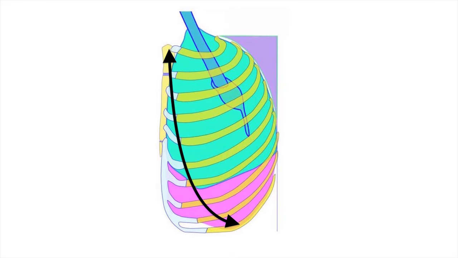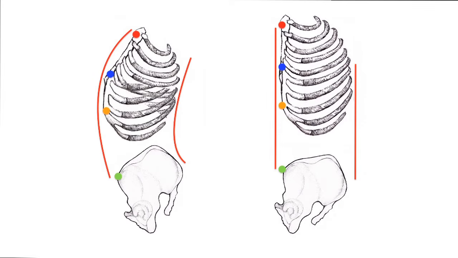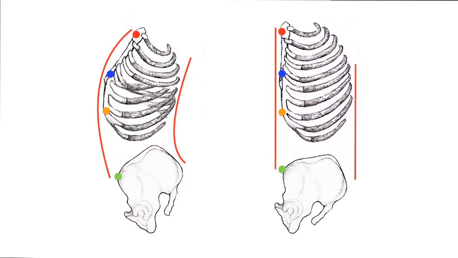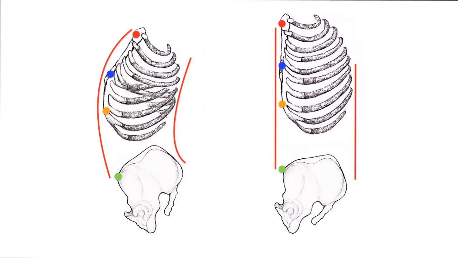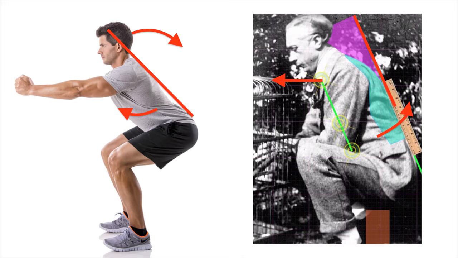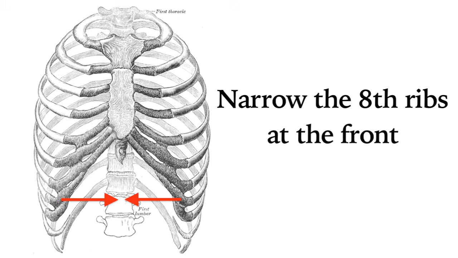We want to do this by lifting the ribcage, so we don't want to drop the lower ribs at all to stretch the band. The lowest ribs really should go up away from the pelvis. You can try this in standing or sitting, but then you can use these directions in any situation. One more idea you can add in is to narrow the lower ribs at the front.